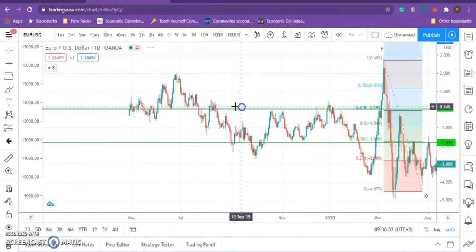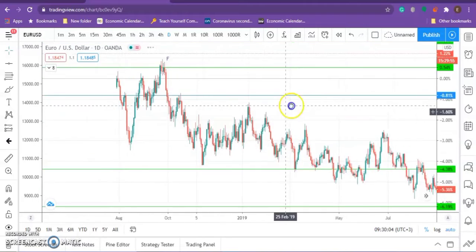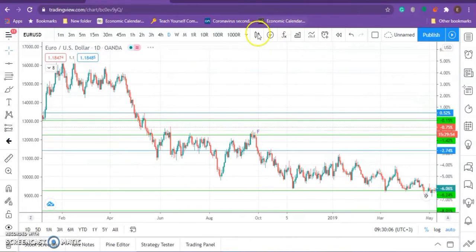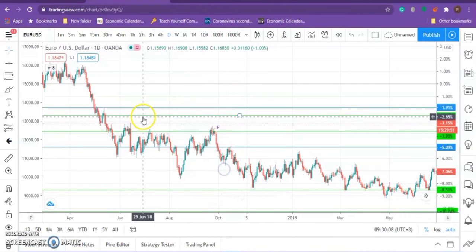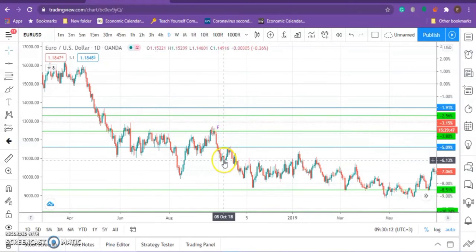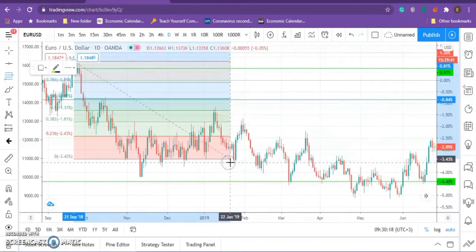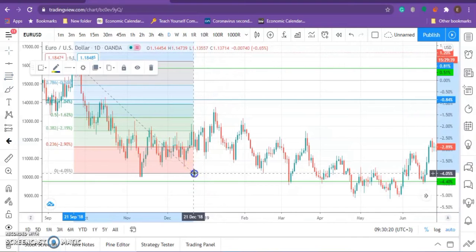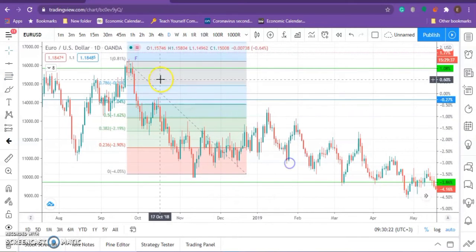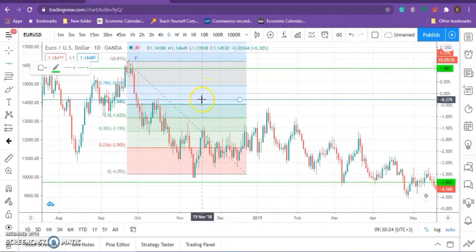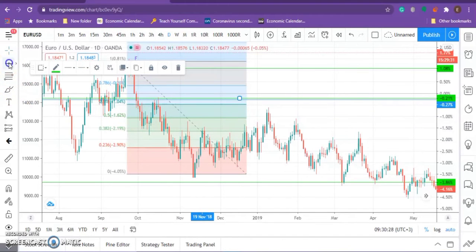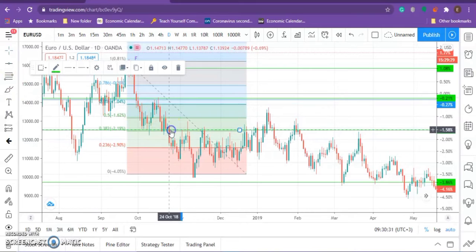Let's look at another one. There are actually a lot of them. Assuming we got this one right over here, we take our Fibonacci retracement, place it there, and then our good entry points will be in between these levels, 0.618 and 0.382.